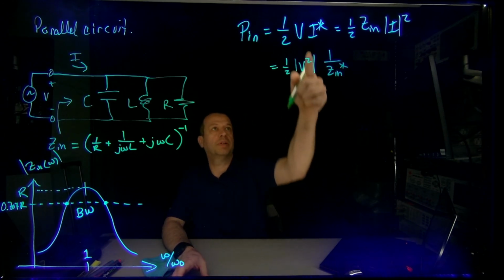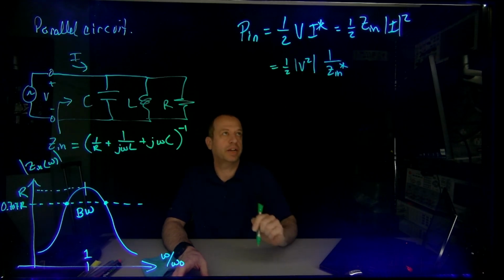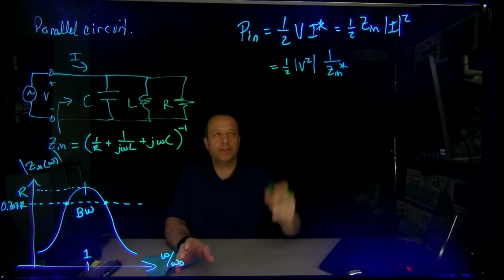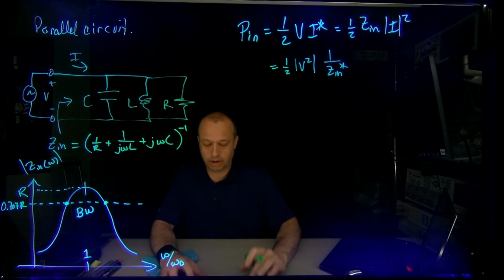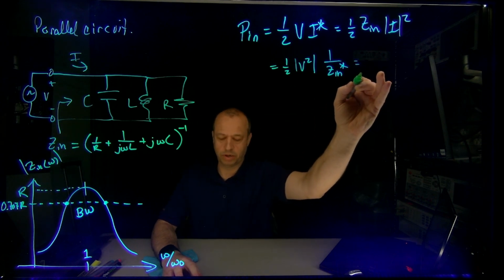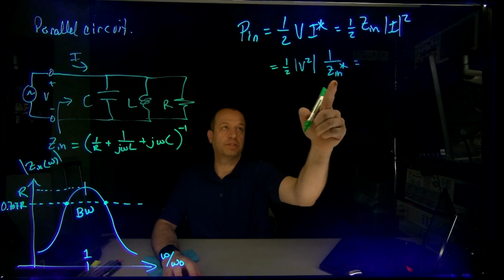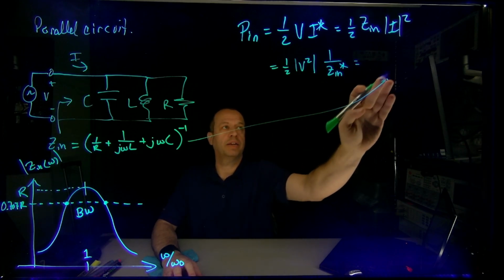We have to remember that when we're replacing this I, the complex conjugate matters, and we have to carry that through the rest of the equation. So this equals 1/2 V squared times 1 over Zin, and we're just going to plug that in right here.